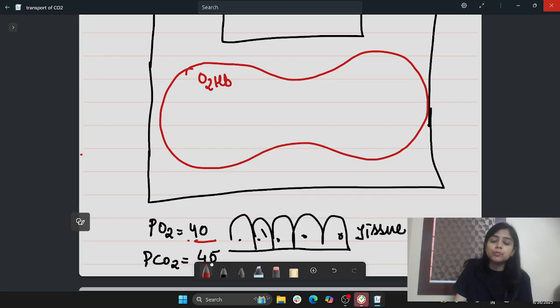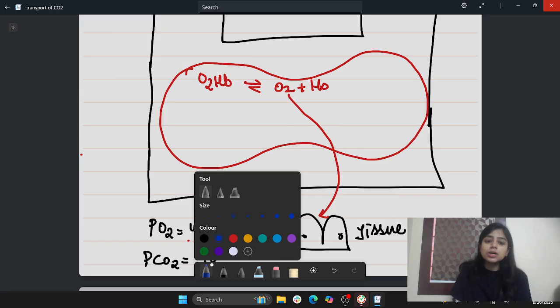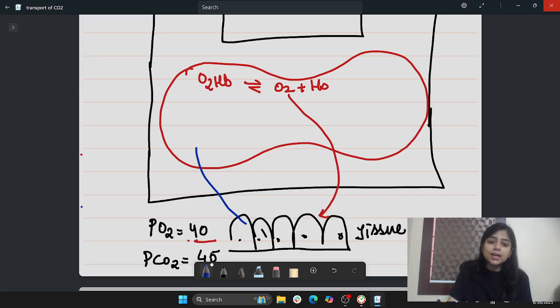What does the hemoglobin do? It dissociates into oxygen plus hemoglobin. Oxygen will move into the tissue. What happens to the carbon dioxide? Carbon dioxide will enter into the RBC. This is your RBC, right? So what happens here?